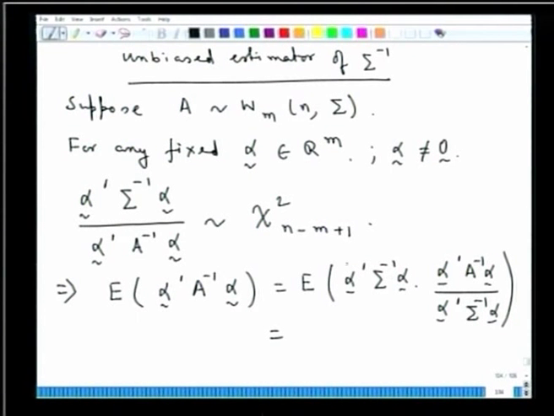Note that the first part is constant, so we will have alpha prime sigma inverse alpha multiplied by the expectation of alpha prime A inverse alpha divided by alpha prime sigma inverse alpha, right? Now, what is this quantity equal to?